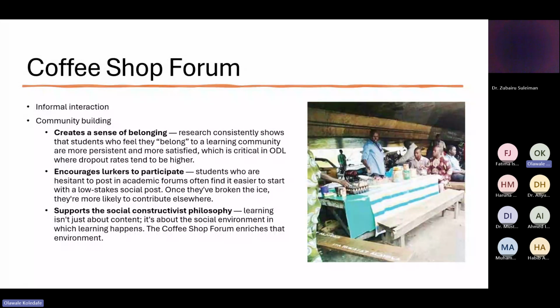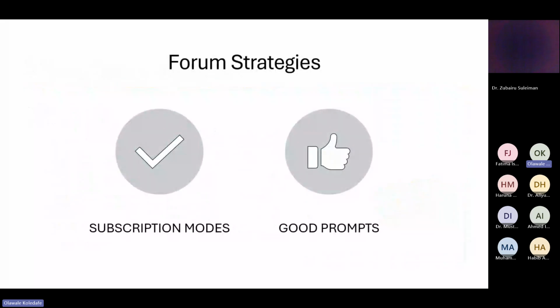All right, so let's talk about the strategy. In any of these that we're doing, we need to first look for good prompts, a topic that will spur interest across diverse learners. And then we need to set up the subscription mode. The subscription mode automatically creates a notification for everyone once somebody responds.